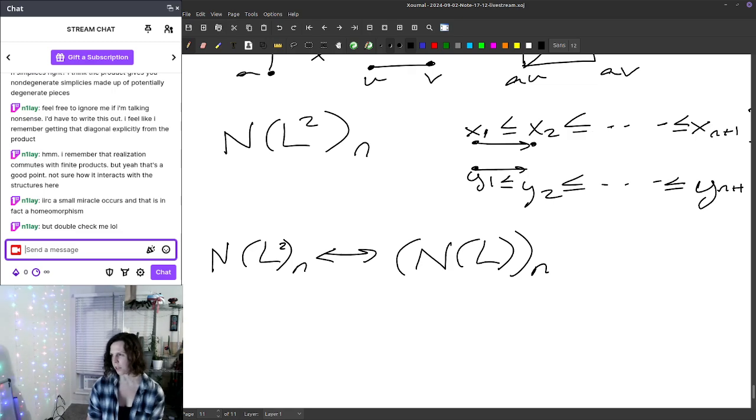But this has got to be compatible with the face and boundary maps as well, because I'm just doing that by inserting a repeated element or deleting something.